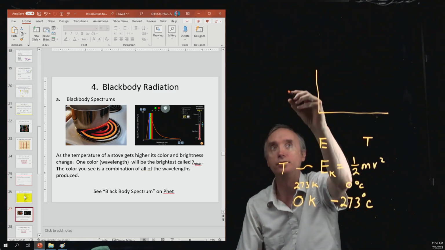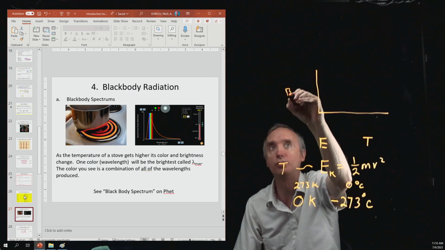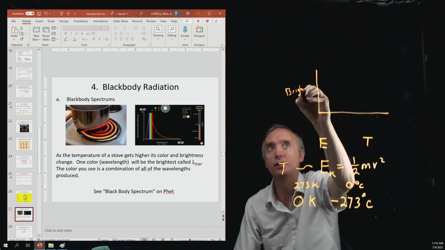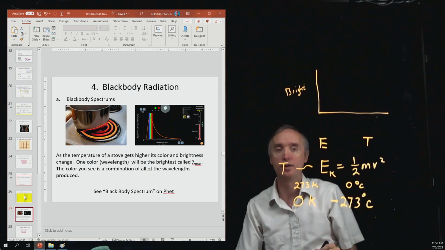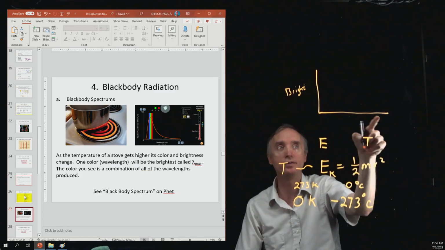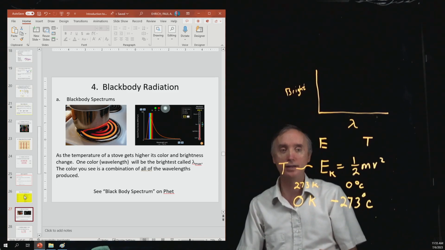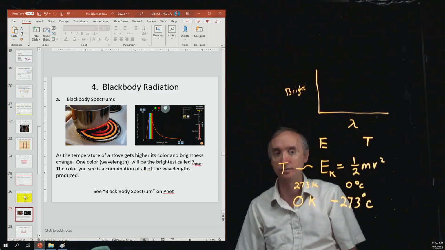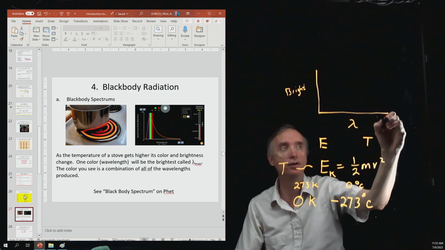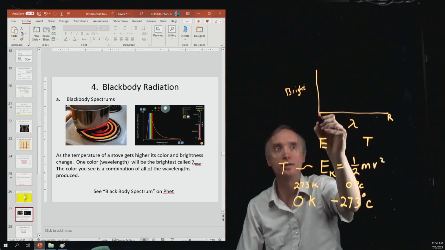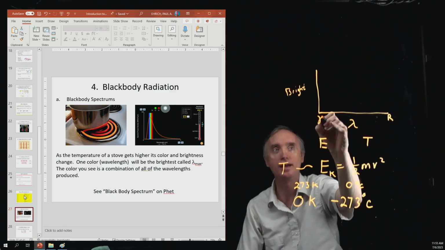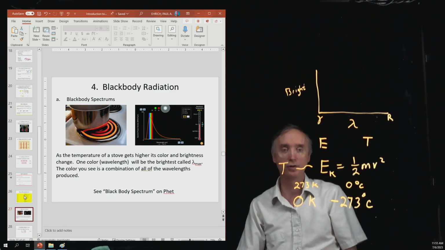Going up and down is going to be the brightness of the object. Going sideways is going to be the wavelength of the light that's being emitted. So on this side over here, this is where the radio waves are going to be. And then on this side over here, this is where the gamma rays are going to be.